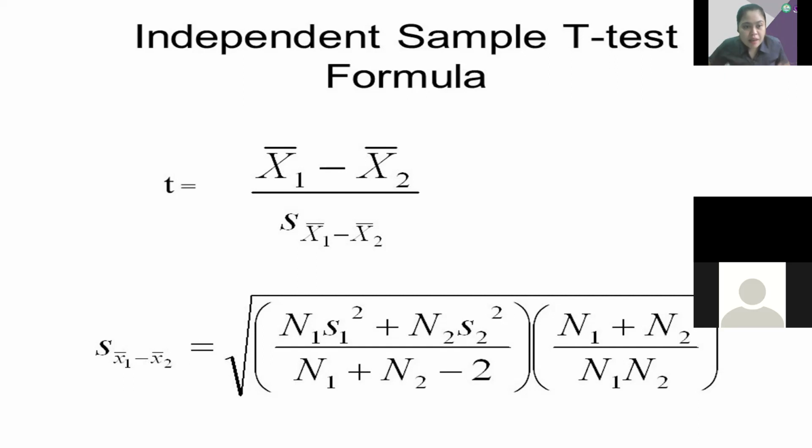So s sub x1 minus x2 is the square root of n1 s1 squared plus n2 s2 squared divided by n1 plus n2 minus 2, times n1 plus n2 divided by n1 times n2. Tas kayo ito ang formula.